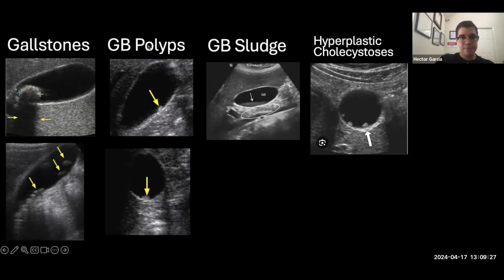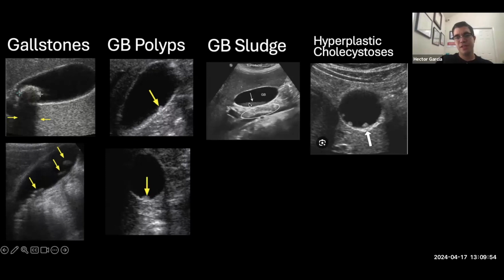Now, the difference between a polyp and a gallstone is that the polyp does not produce acoustic shadowing, and is usually non-mobile. It is non-mobile and produces no acoustic shadow. And then gallbladder sludge, I think of this like honey in the gallbladder. Obviously it's not honey, but kind of like the consistency.